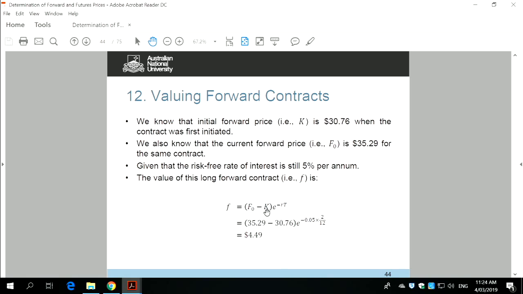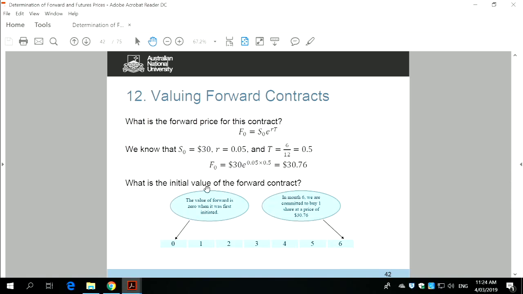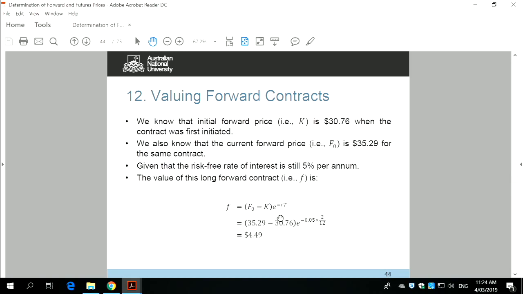What is this capital K here? The capital K represents the initial forward price that we entered into 4 months ago. So that's the $30.76. Now, we are able to buy at $30.76, and at maturity date, we can immediately sell that to somebody else for a higher price, $35.29, right? So that's the positive sign in front of $35.29.